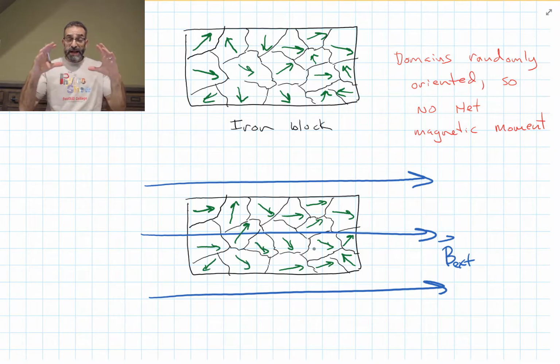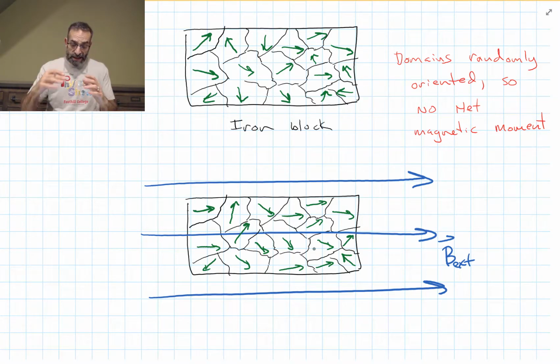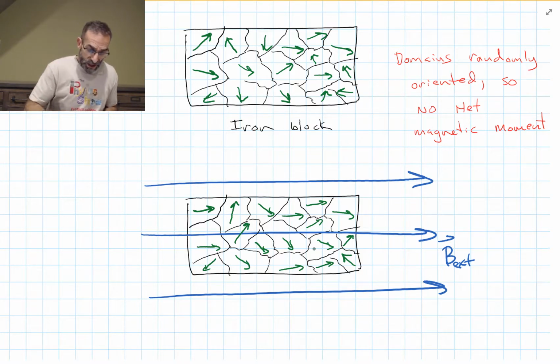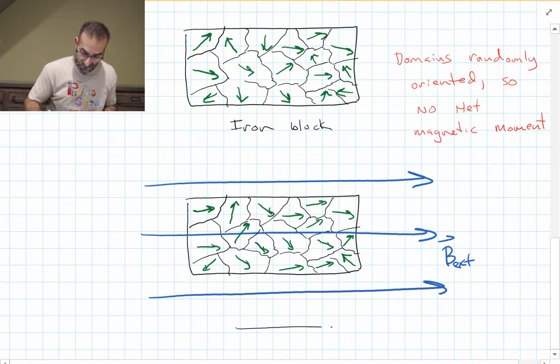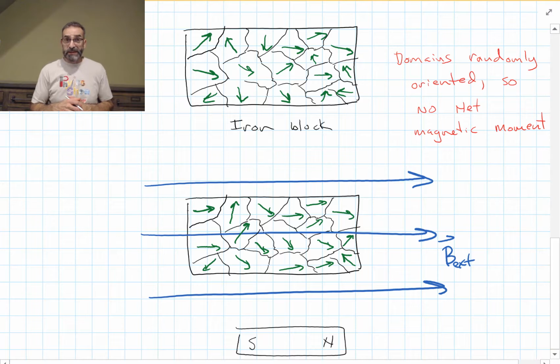Now, if you look at this block of iron, the domains have a net alignment. And so this block of iron now has an overall magnetic moment with a north end on one side and a south end on the other side.